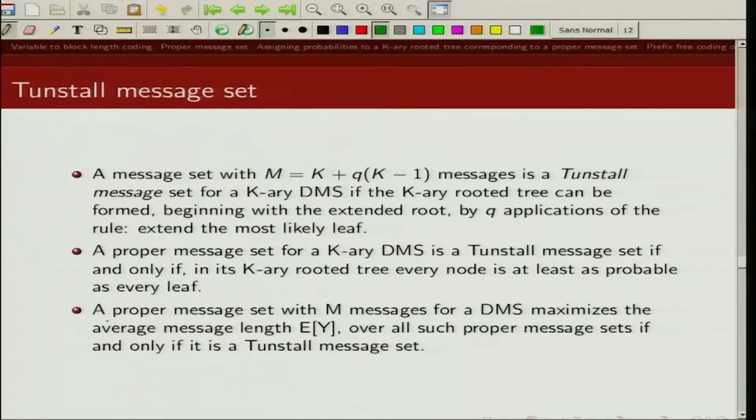It's not difficult to see then that a proper message set with M messages for a discrete memoryless source will maximize the average message length, the expected value of Y, over all possible proper message sets if and only if it is a Tunstall message set. And I have illustrated this with the help of an example.